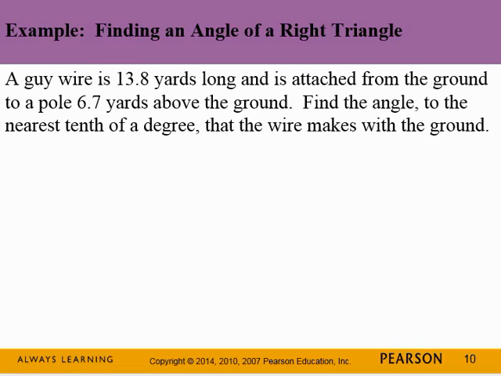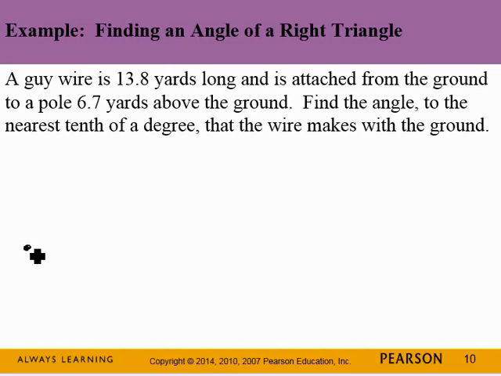Now we're going to look at a different one. It says a guy wire is 13.8 yards long and attached from the ground to a pole 6.7 yards above the ground. Find the angle to the nearest tenth of a degree that makes the wire on the ground.